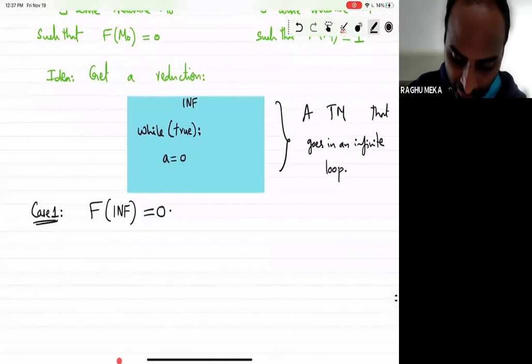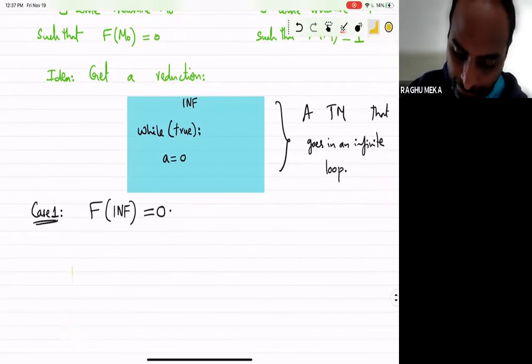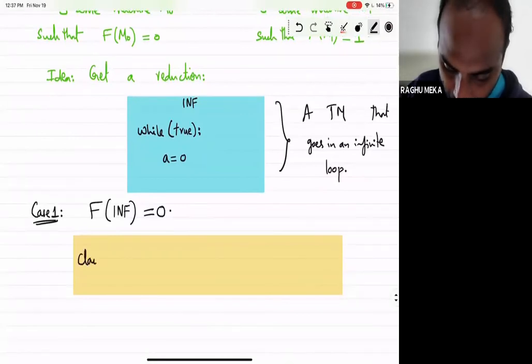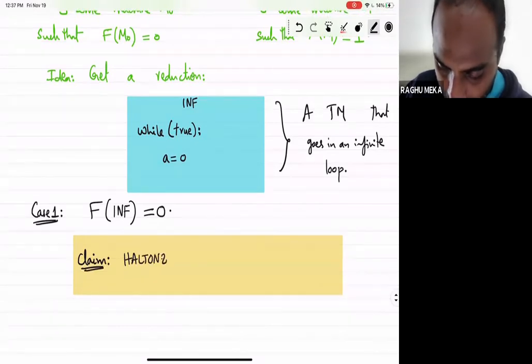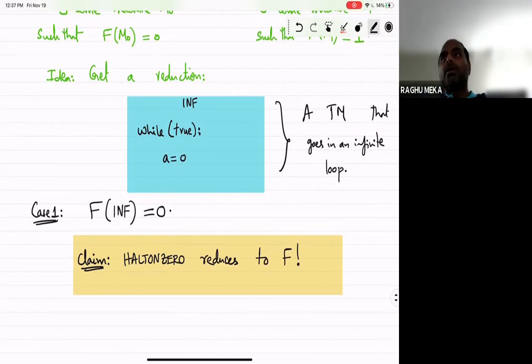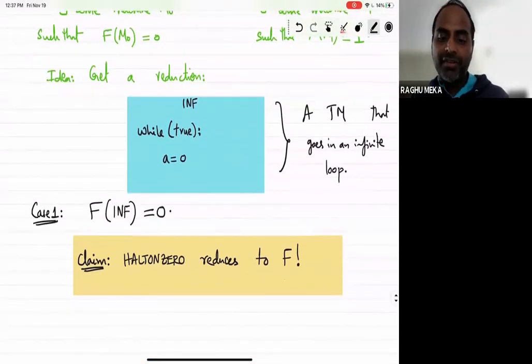So under these assumptions, f is a non-trivial semantic property and f of inf equals 0. In this case, we can reduce Halt on 0 to f.